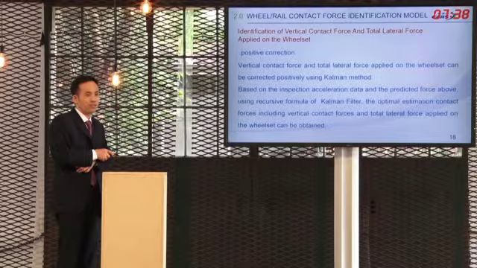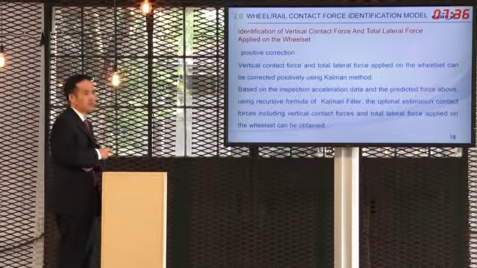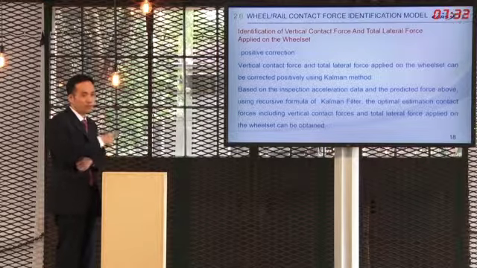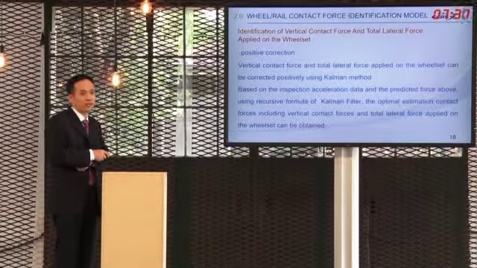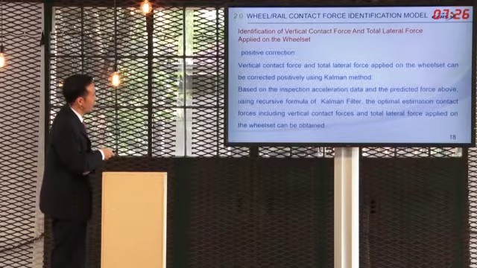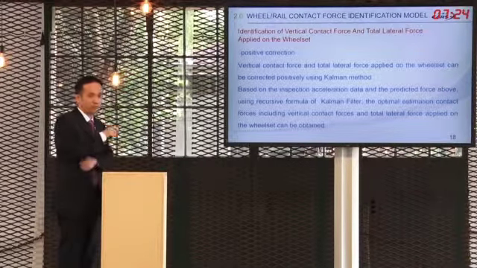Maybe there is some noise in this predicted contact force, which will affect the result. Here we introduce the Kalman method to filter the contact force during the identification process.